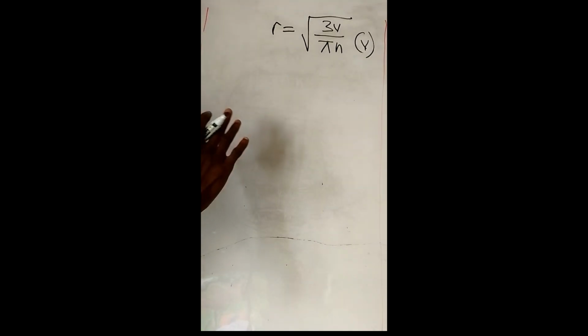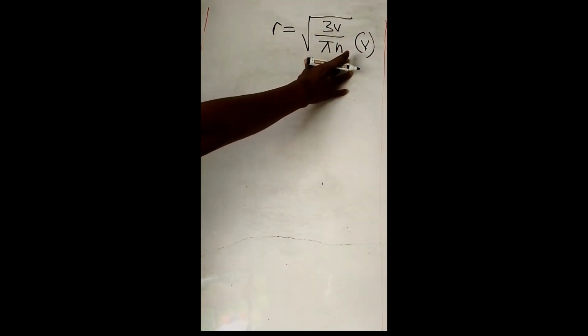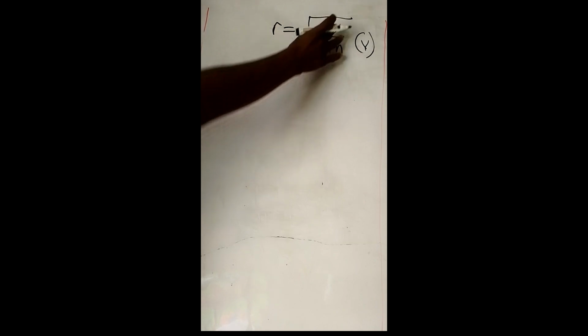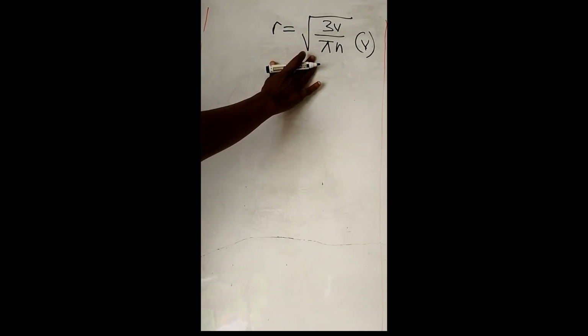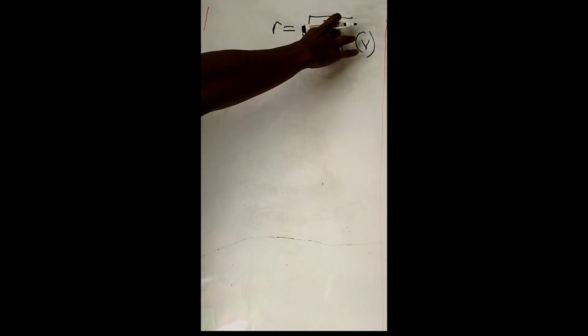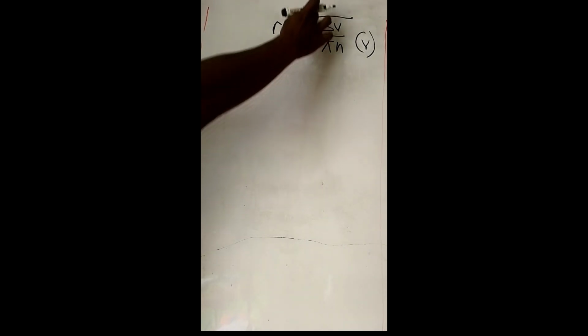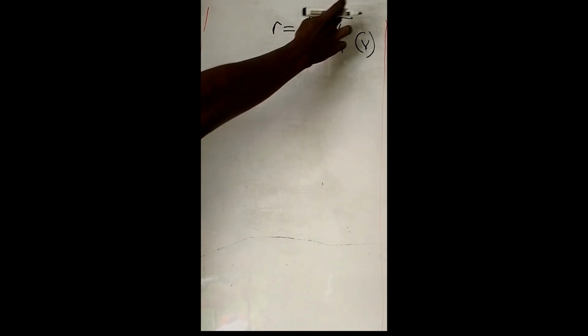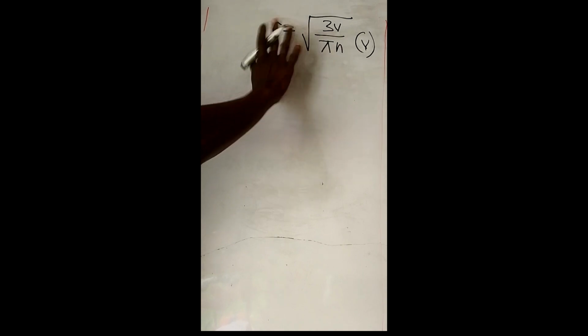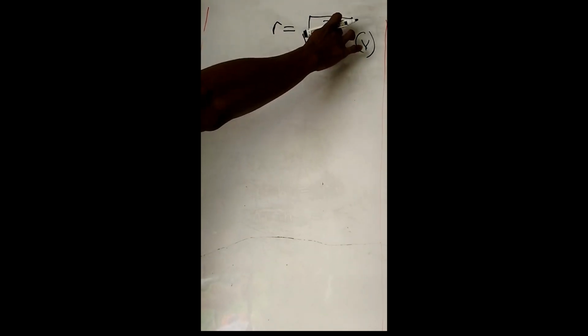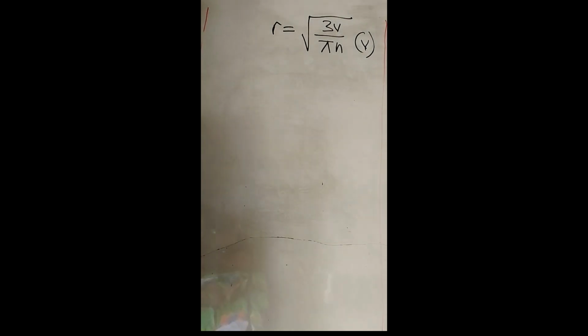So what this means is that we are going to strip ourselves of everything on this side and isolate v. So everything on this side becomes a piece of clothing, the square root, the 3, the pi h, everything. We are going to undress everything here and leave v as a separate entity.